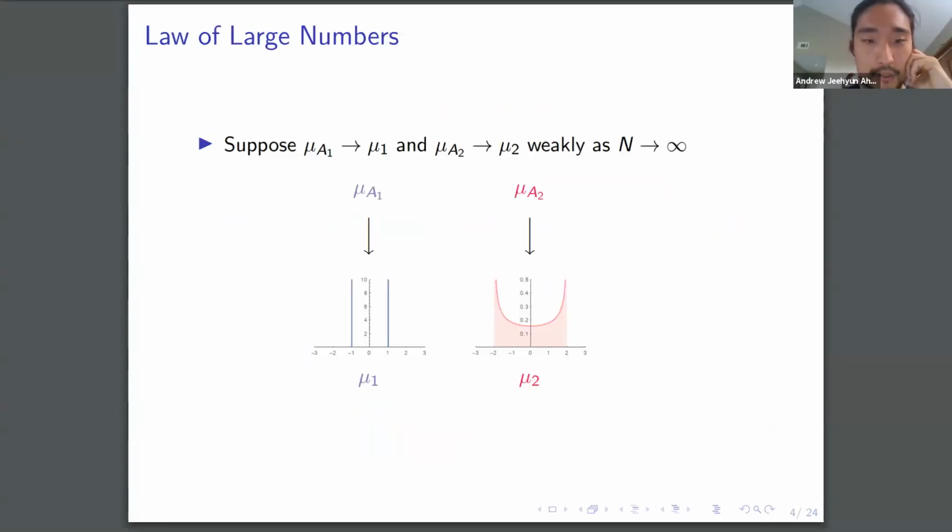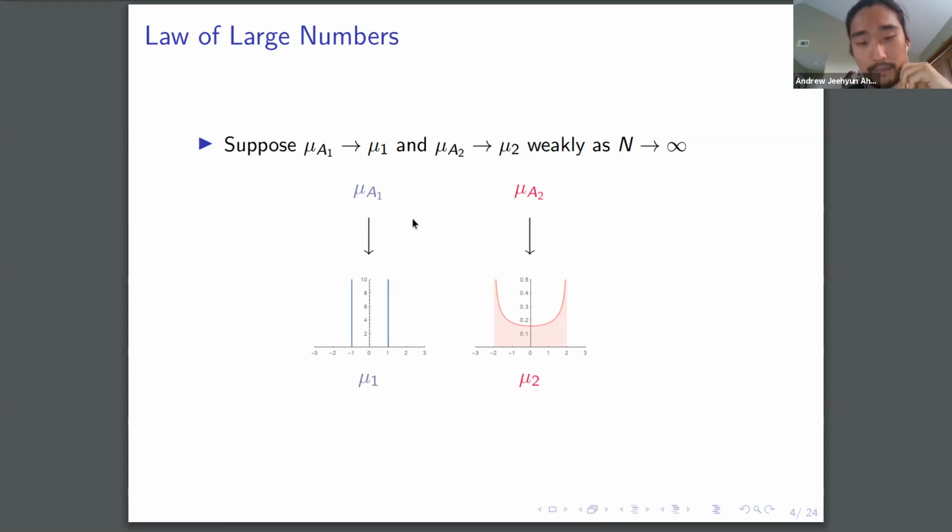So the first result I want to talk about is the law of large numbers for this model. So what this says is, okay, well, we'll assume that k is equal to 2 for this example. So we just have 2 matrix summands. And we will assume that the spectral measures of A1 and A2 both converge weakly to some deterministic probability measure mu1 and some deterministic probability measure mu2 as n tends to infinity.